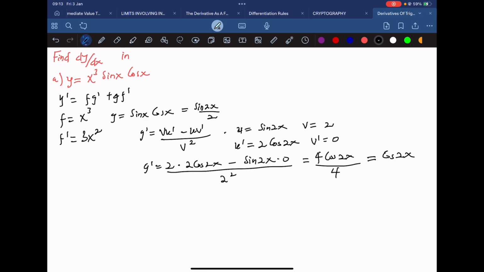So we have y prime over here. So we have f, which is x cubed. So f was x cubed times g prime. g prime is what we just found, which is just cosine of 2x plus g. So g is what we know. So g is sine x cosine of x.